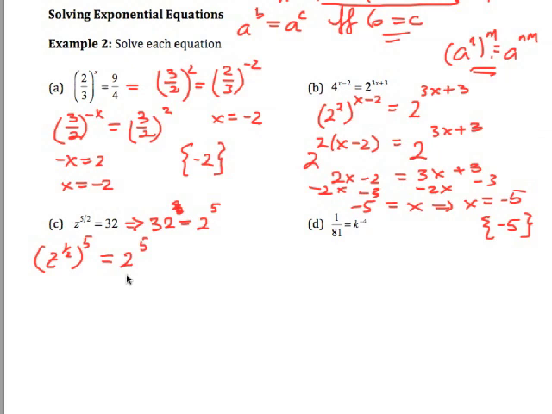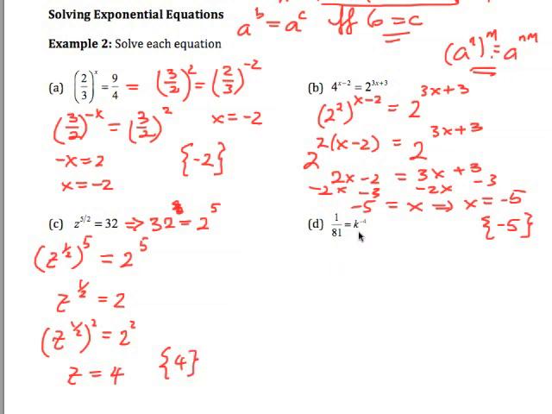So what does that mean? Well, that means that z to the half must be the same as 2. Now z to the half, of course, is the square root, so therefore we'd have to square both sides. So this tells me z is equal to 4, and so our solution is 4.